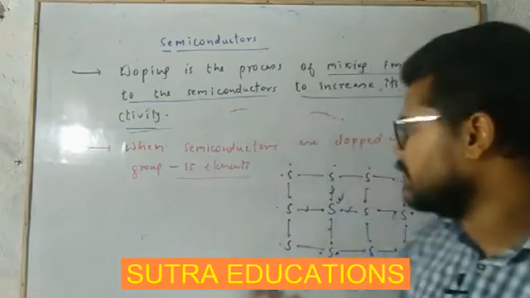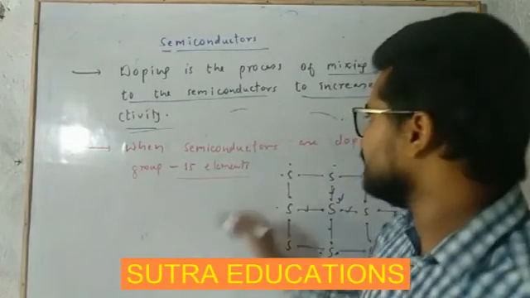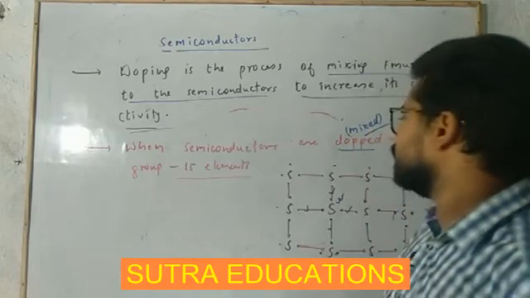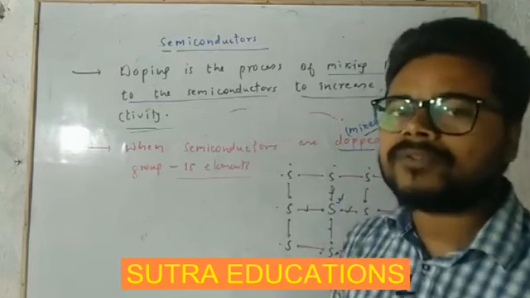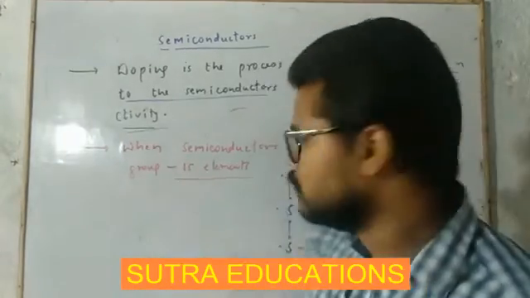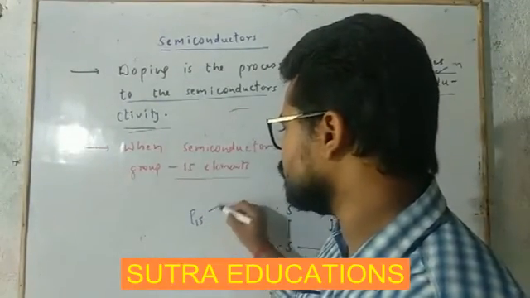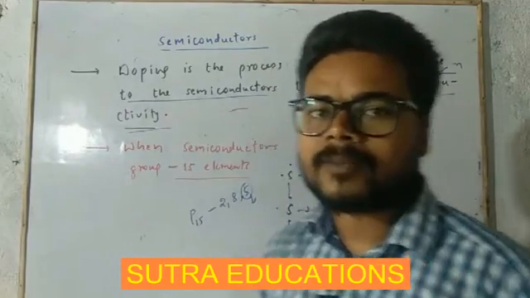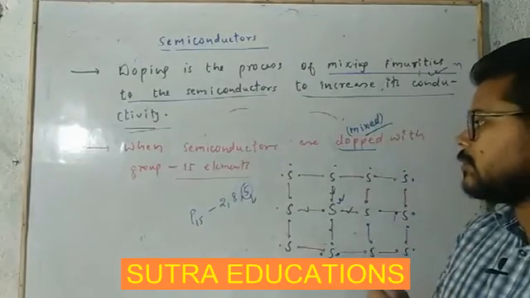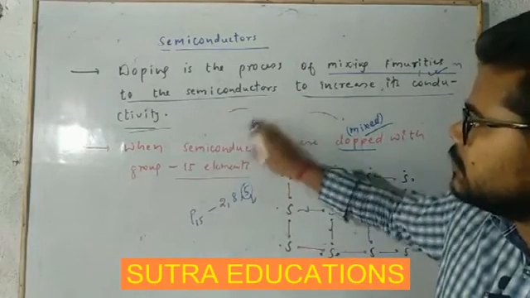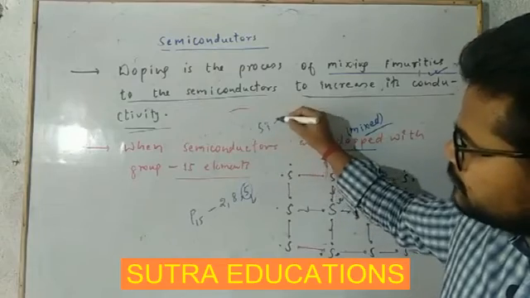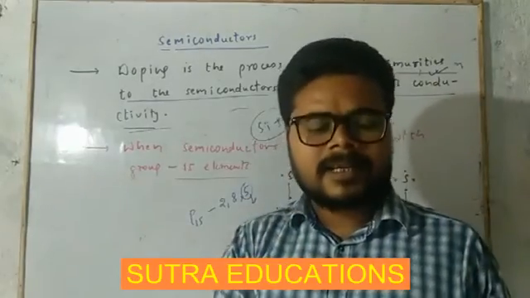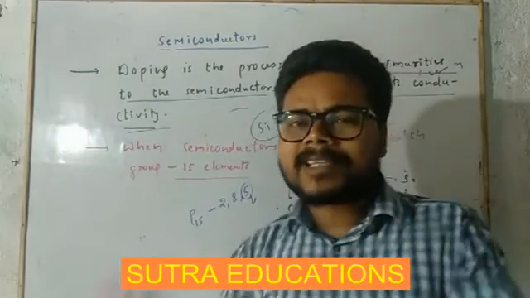So what happens when it is doped or mixed? Doping means simply mixing. When it is mixed with a group 15 element, say phosphorus, I told you it is 2, 8, 5, meaning 5 electrons are present in its outermost shell. So if silicon is doped with phosphorus, some of the silicon atoms are replaced by phosphorus atoms.